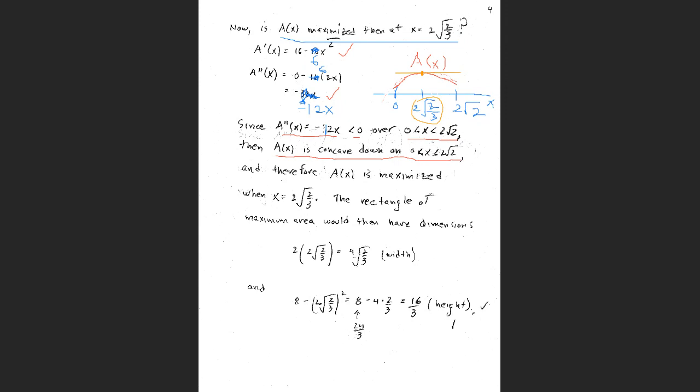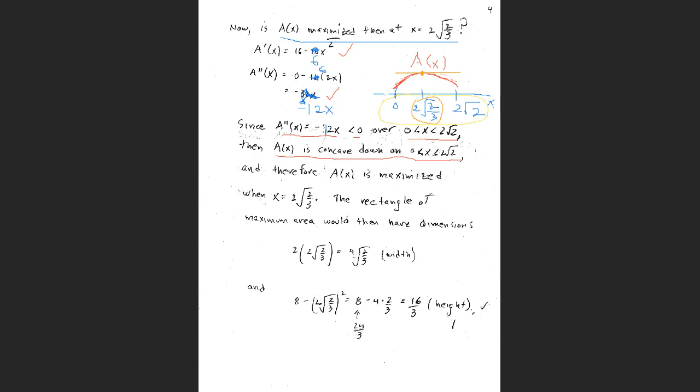When x equals 2 times the square root of 2/3, my area function is either maximized or minimized. But the area has to be maximized because this function A of x is concave down over the interval from 0 to 2 root 2.